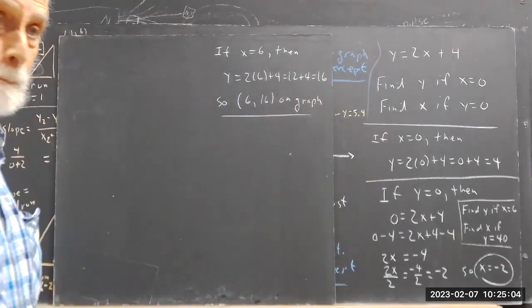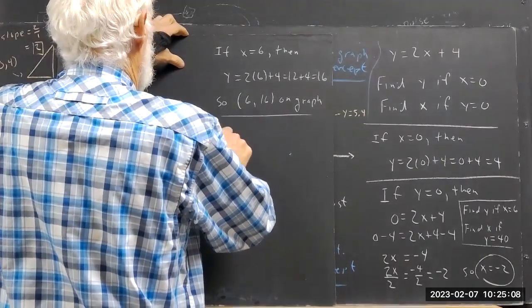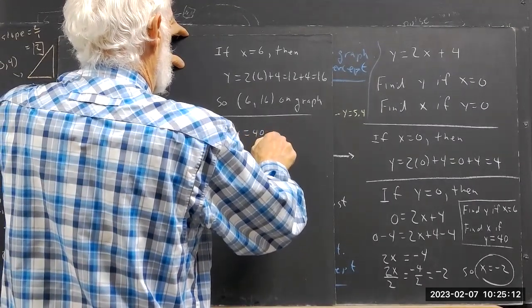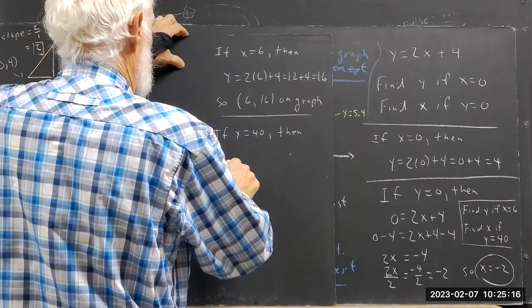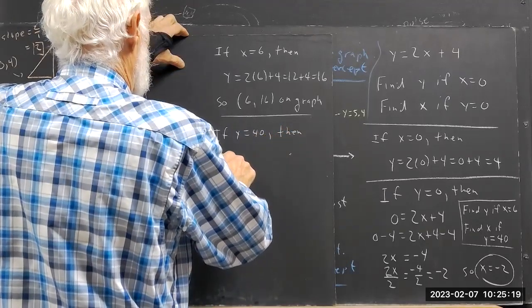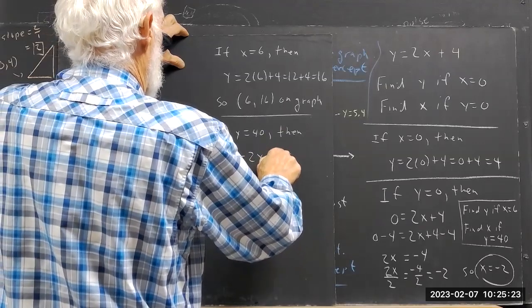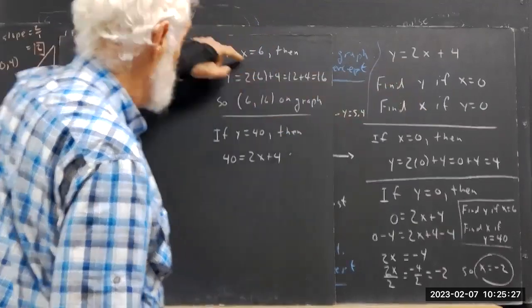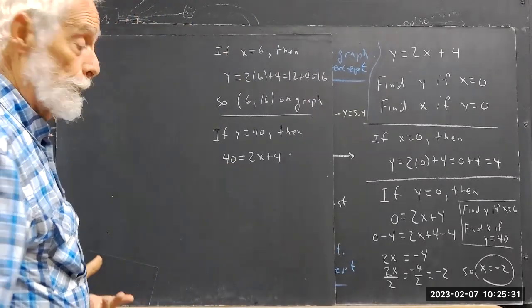Okay. Then if y equals 40, then since y equals 2x plus 4, which is what we used there, we're using here again, 40 equals 2x plus 4.